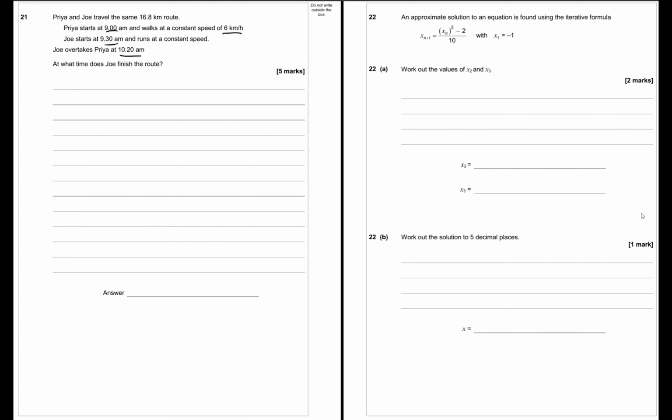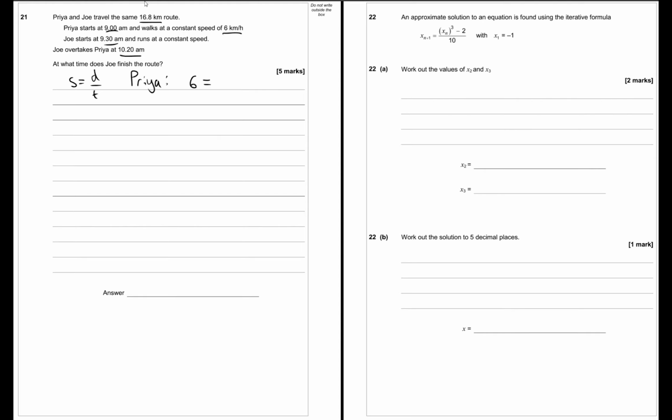So, we know that speed equals distance over time. So what do we know about Priya? Do we know her speed? We do know her speed, so we know S equals 6 kilometers an hour.